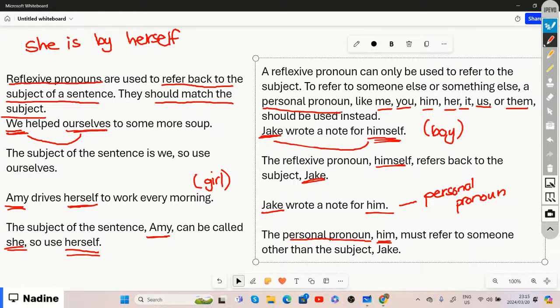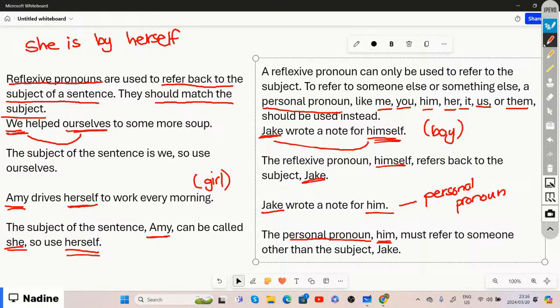Because remember, if we say myself, ourselves, himself, it needs to refer back to me, back to him, back to her, right? But if we say, for example, Jake wrote a note to him, Jake wrote a note to her, then it is referring to someone else, which means that's a personal pronoun and not a reflexive pronoun.